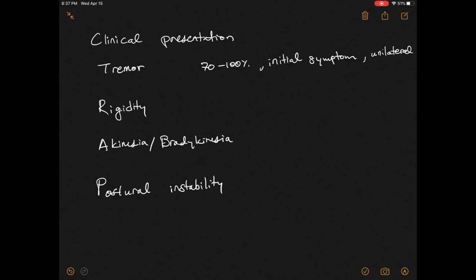It occurs at rest, occurs when they're stressed, and sometimes interferes with sleep as well. Rigidity, around 89 to 99% experience this as a symptom, and it also starts unilaterally. Some of the examples that you will notice include cogwheel, as we call it, and lead pipe.